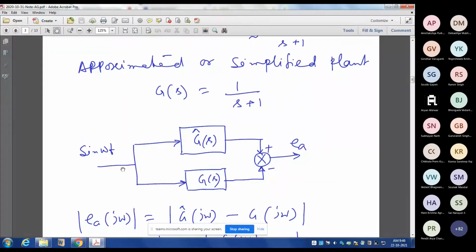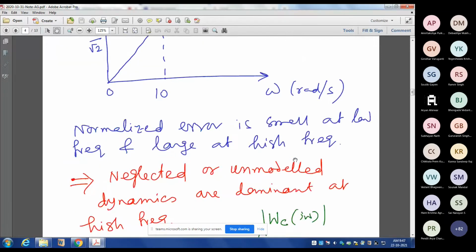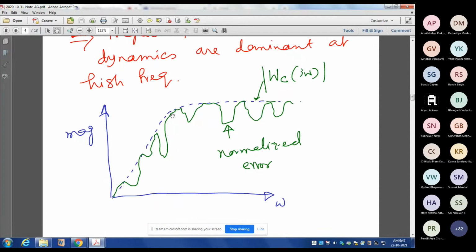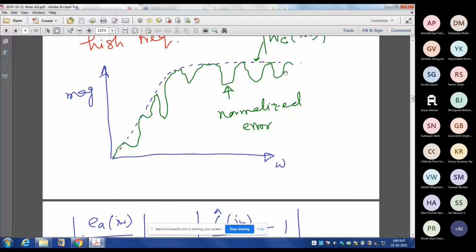If you get the error experimentally, by applying a sinusoid, and get the EA j omega plot, then you can easily get this kind of curve experimentally. Once you have this plot, a designer can determine WC s, just to encompass the normalized error dynamics.